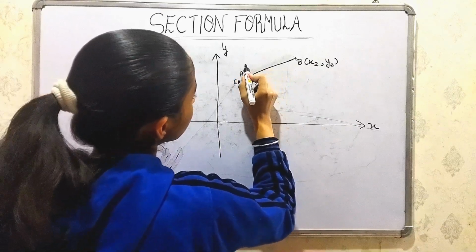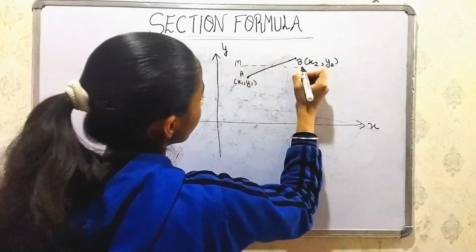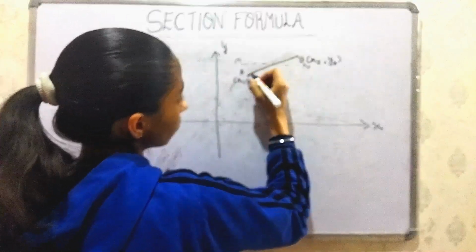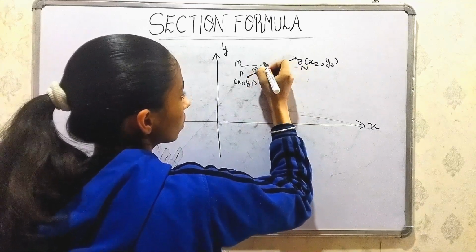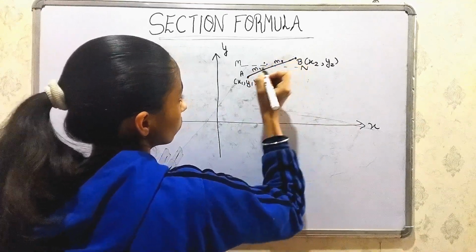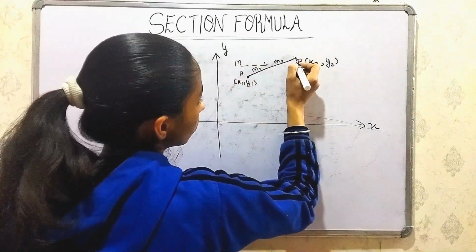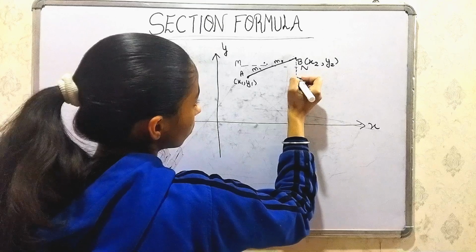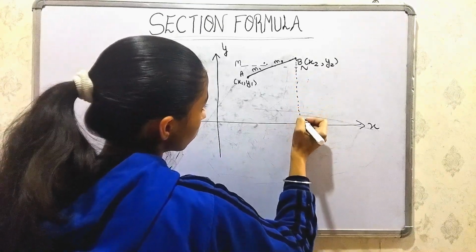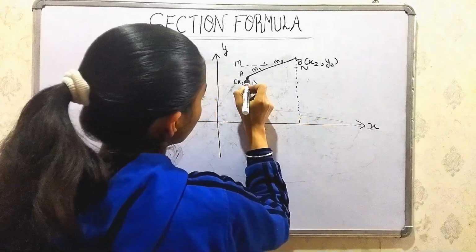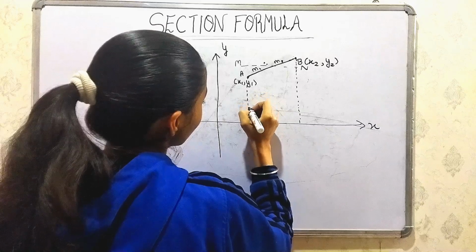Let's say this line is MN. This line is dividing the line AB into the ratio M1 is to M2. Please don't mind, I am not good at drawing.